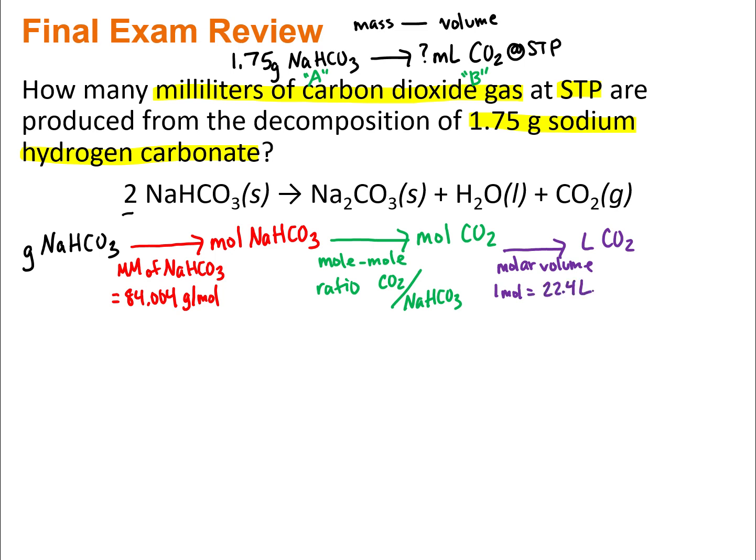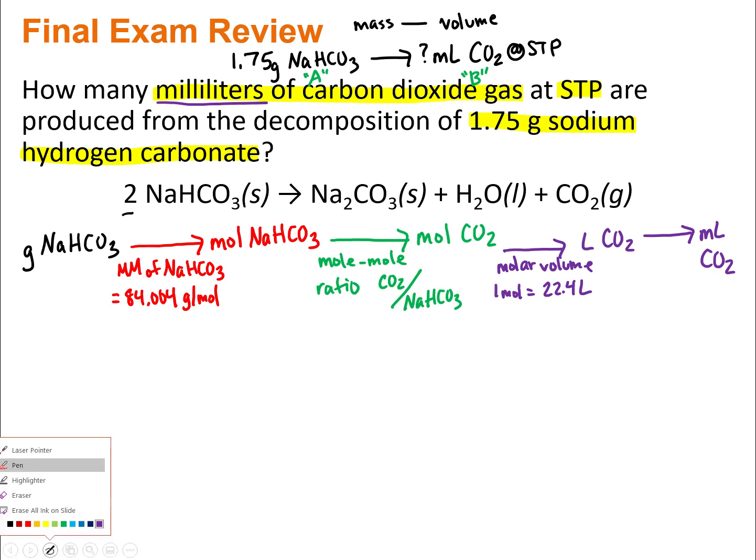But remember to look back at the problem. We need to figure out how many milliliters. If we stopped right here, we would be in liters. So I'll remind you of how to do that last part. That's a metric conversion from chapter 2. Now let's set it up.